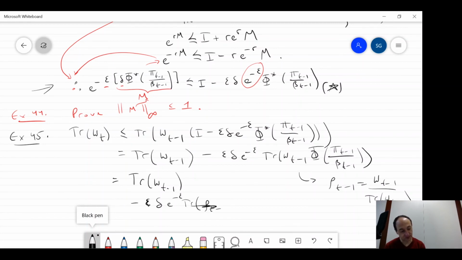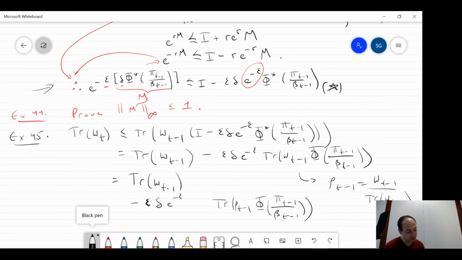Yes, towards the end of the lecture, and certainly towards the end of the year, the whiteboard decides to be quite unresponsive. Oh, there it goes. All right. So I'm going to have ultimately the trace of W_{t-1} times phi of pi t minus 1 all over beta t minus 1. Okay, there it is.